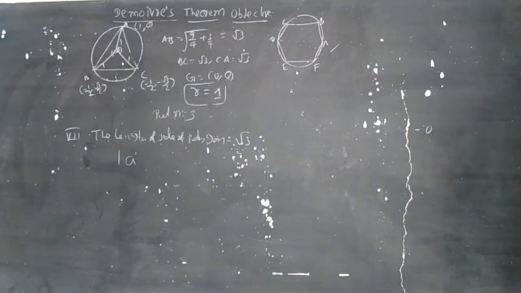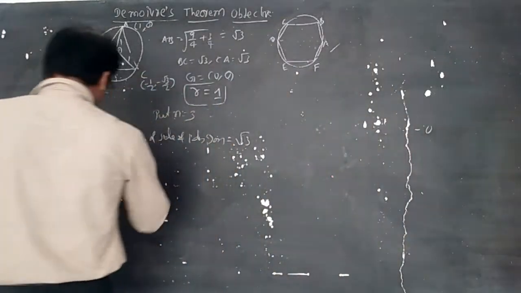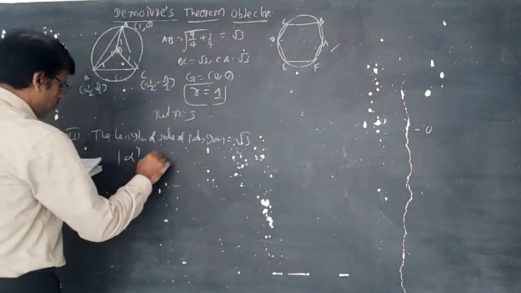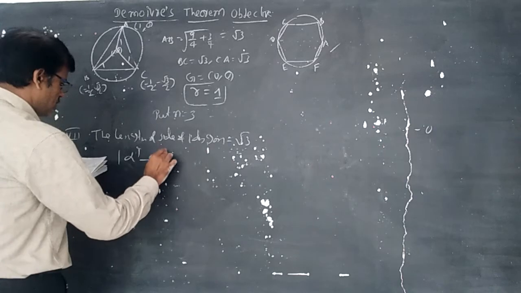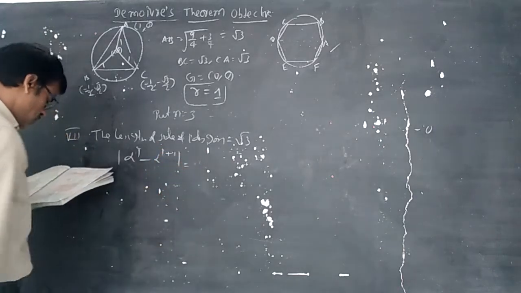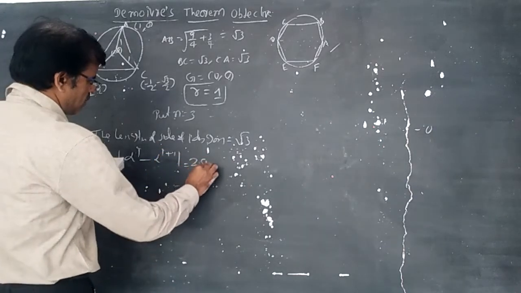So what is the value? Not a, it is alpha. Alpha power i minus alpha power i plus 1 is equal to 2 sin pi by n.